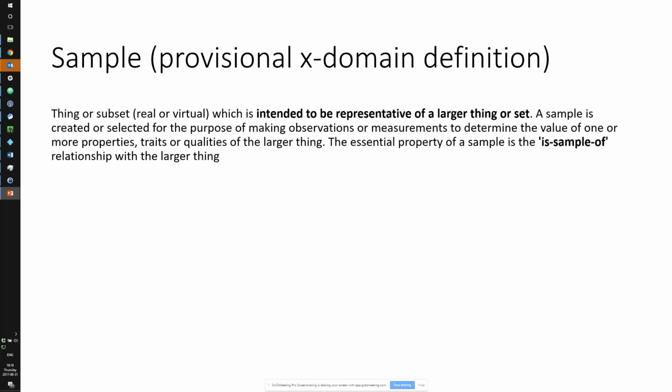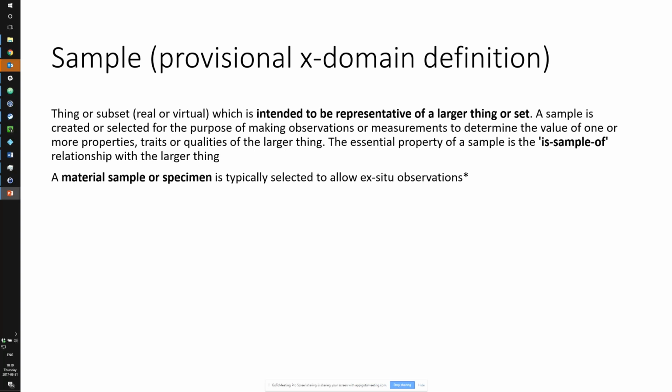So samples are created or selected for the purpose of making observations or measurements. The most important property of a sample is its relationship to the larger thing. That relationship may not necessarily be known at the time of sampling, but the intention of a sample is to have something which allows you to assign numbers or a classification to some bigger thing.